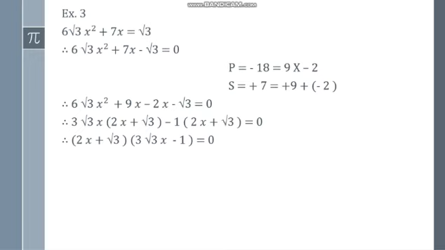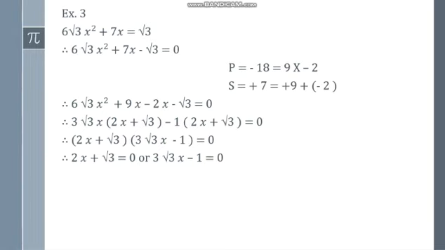So we get (2x + √3)(3√3x − 1) = 0. It's just like a into b is 0, which means a is 0 or b is 0. So we get 2x + √3 = 0 or 3√3x − 1 = 0.